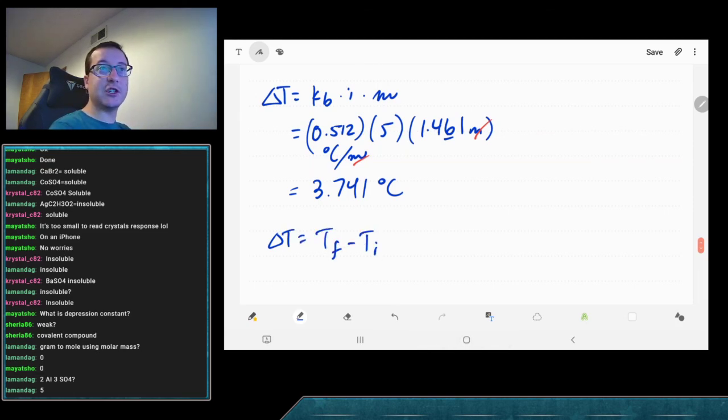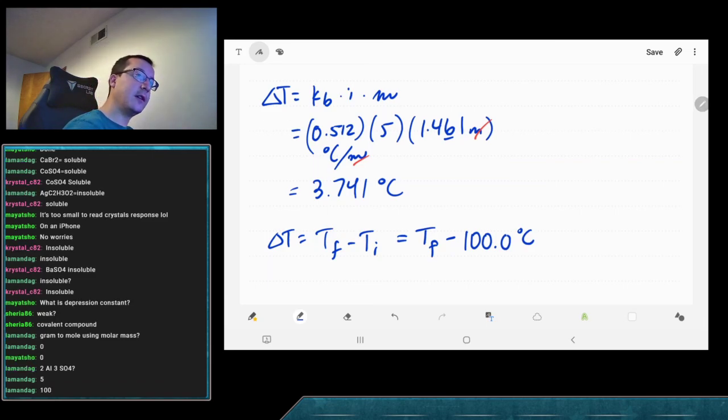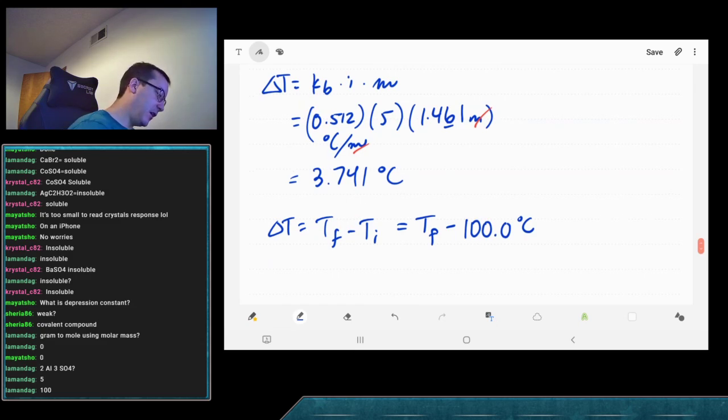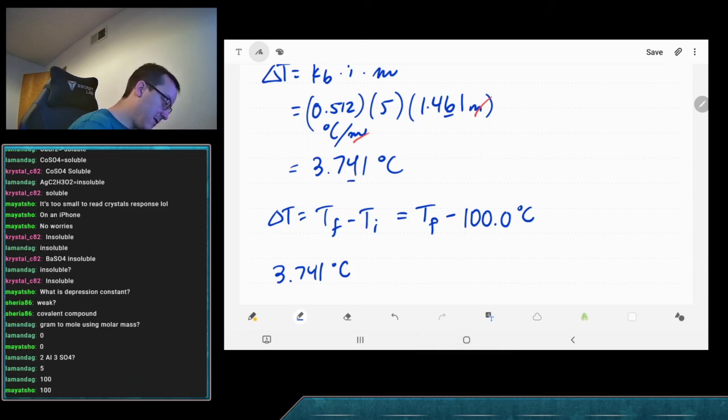What's the initial boiling point of water? Water normally boils at 100 degrees Celsius, right? So that would be our initial one. So we calculated delta T to be equal to 3.741 with 3 sig figs.